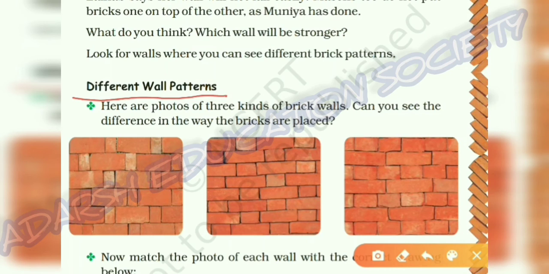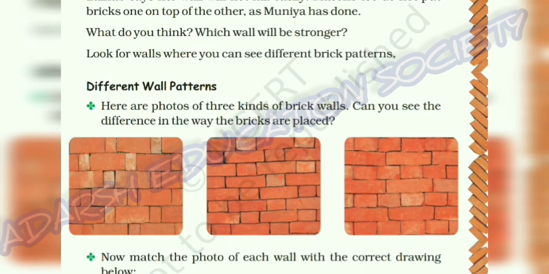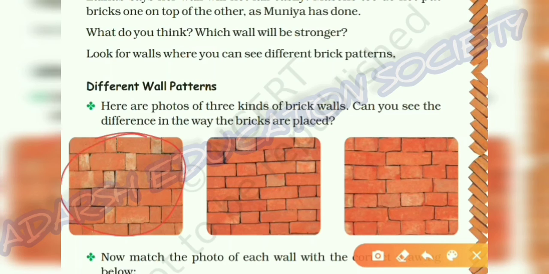Here are photos of 3 kinds of brick walls. Can you see the difference in the way the bricks are placed? Here they give us 3 types of brick patterns. Okay children?